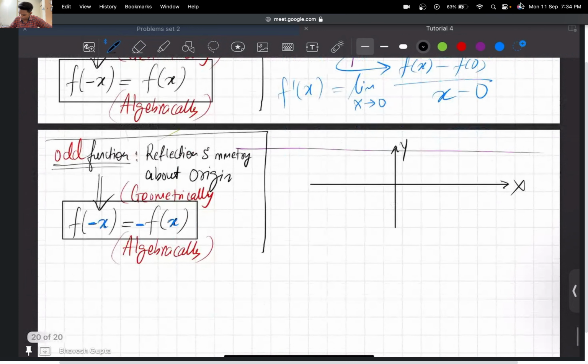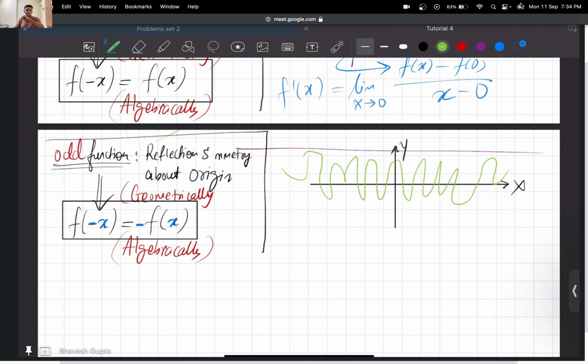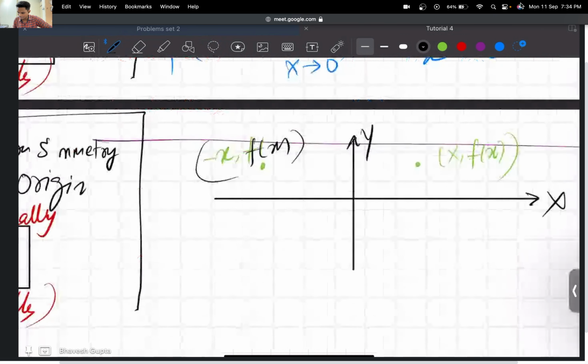So let's say you have something over here, and you have the exact image on the other half. That's the idea. Let's say you have a point here, x comma f of x. Then you have minus x comma minus f of x.